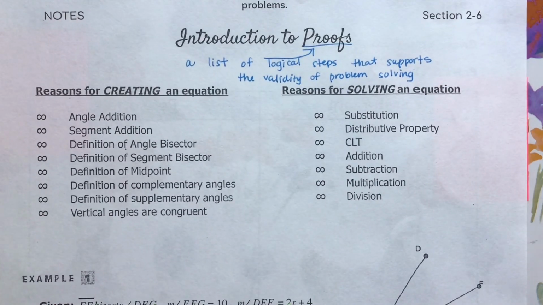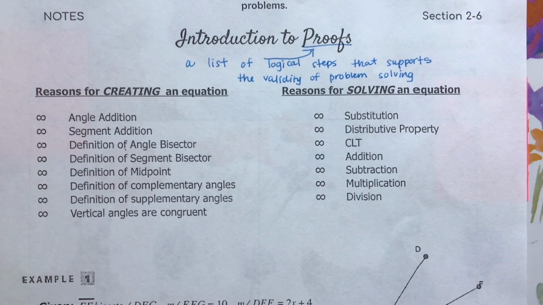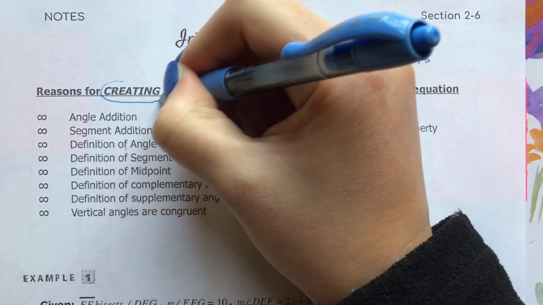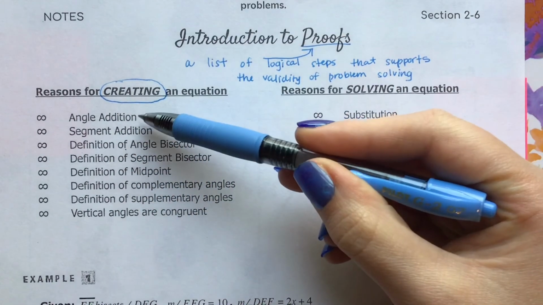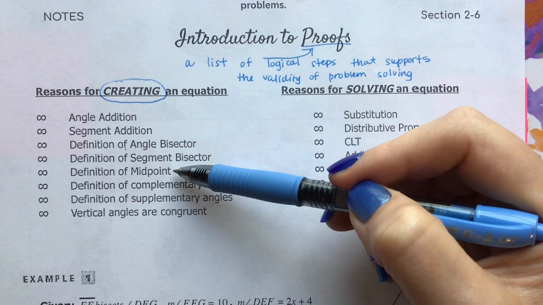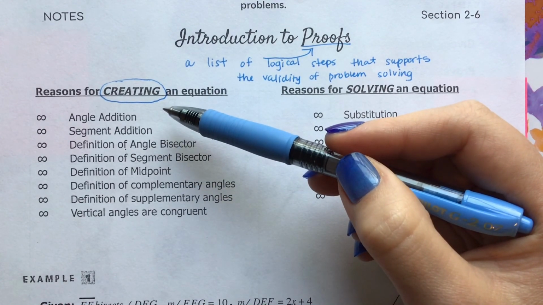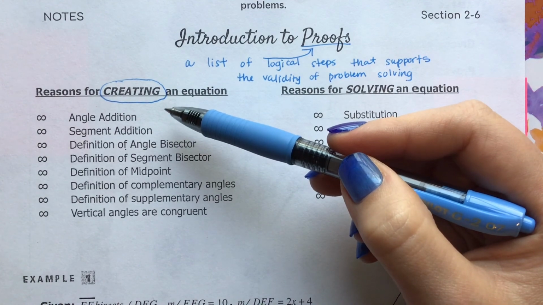So here we just have a table of some common things used in our proofs. When we're trying to create an equation so we can solve through it, then these are going to be some of our more popular reasoning, like angle addition or definition of midpoint. So this is when we don't have any equation at all. We're trying to write a new equation.